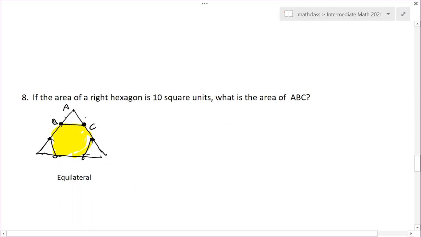So how do we do that? We divide each side of the equilateral triangle into 3 equal parts. Those are the 3 equal parts, okay?